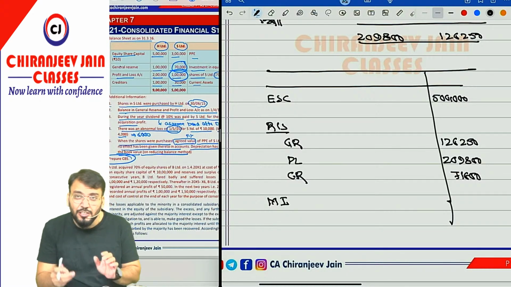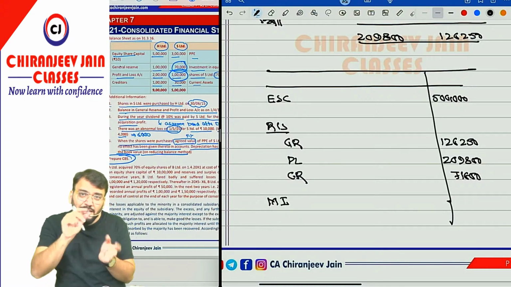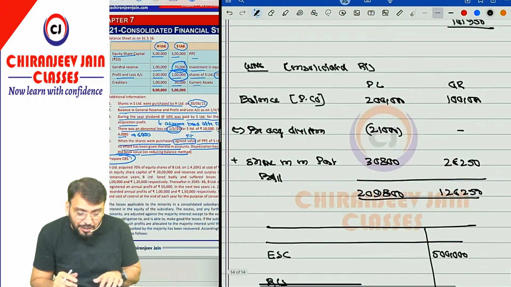Minority interest will come between equity and liability as a separate item. Minority interest, how much?